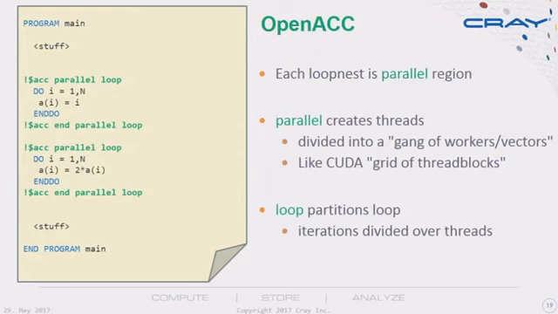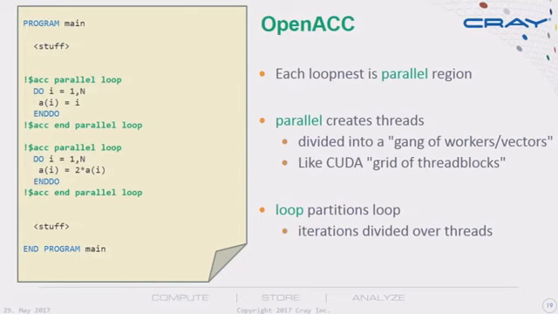In OpenACC, it looks similar. There we specify it with the pragma ACC parallel loop, and we do similar to OpenMP, the end parallel loop statement. Similar to OpenMP, the parallel just creates the gangs of workers, as we call it in OpenACC, which is again the grid of thread blocks in CUDA.